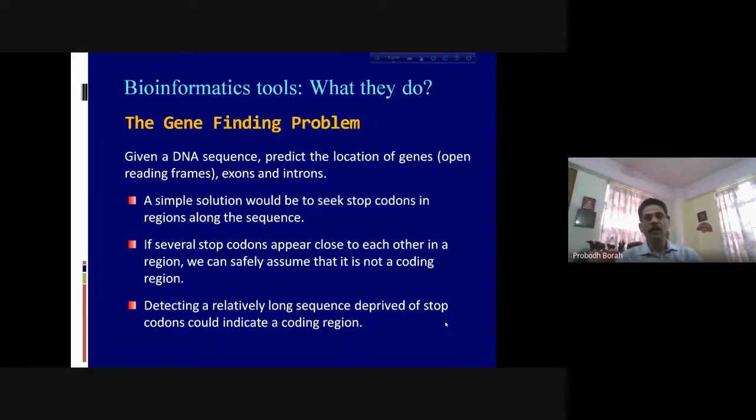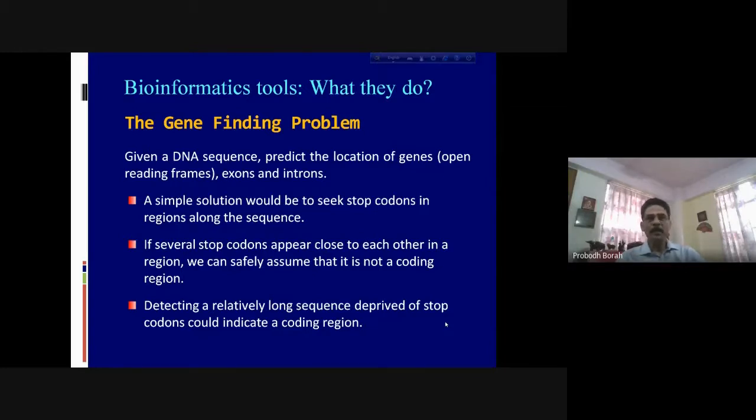The non-coding sequences also play a vital role, not only in maintaining the structural integrity of the genome sequence, but also there are certain components of the non-coding sequence which are very important as regulatory components which control very precisely the expression of the genes.